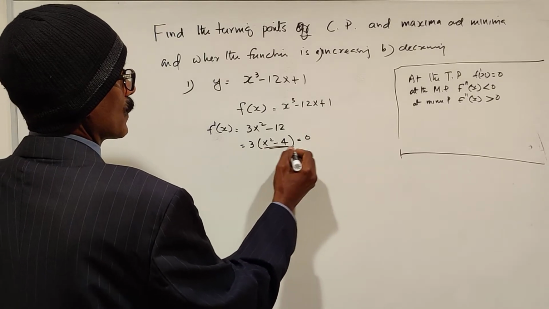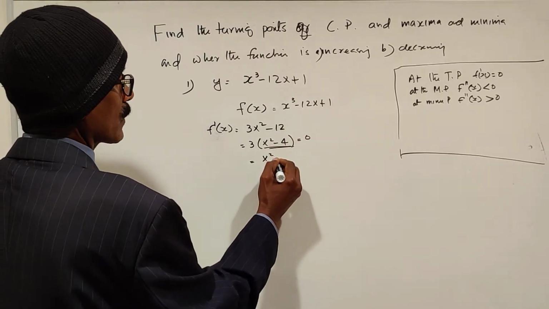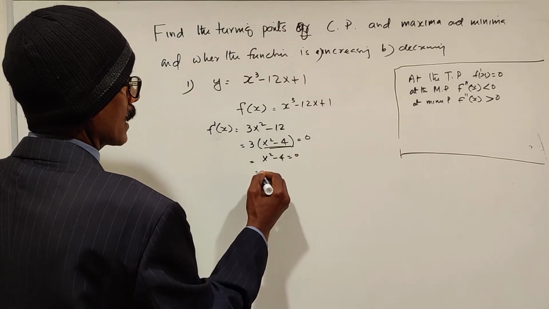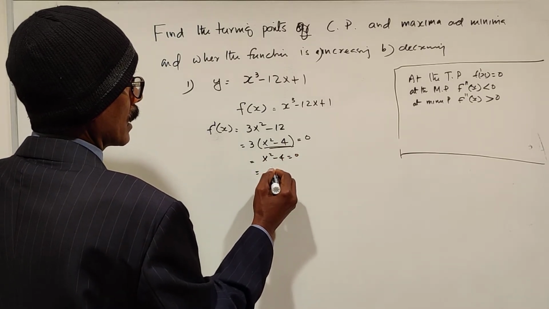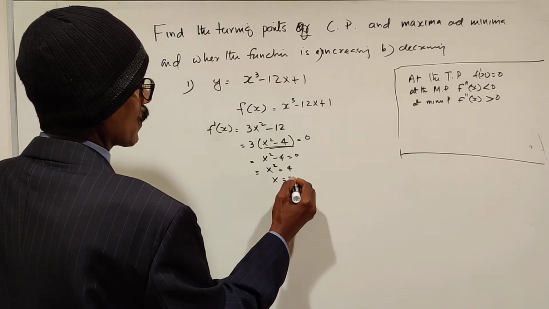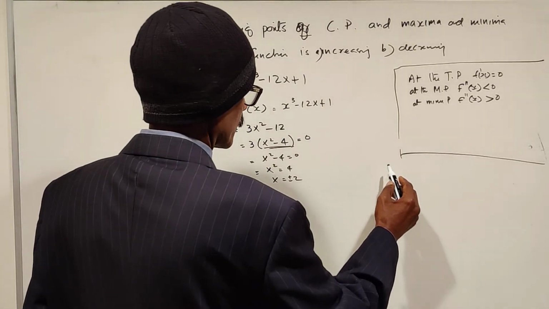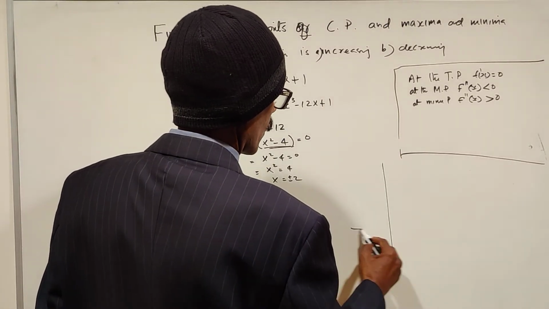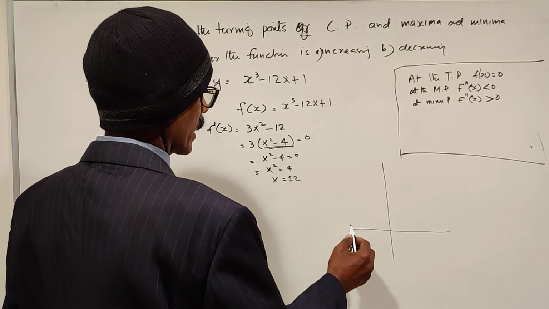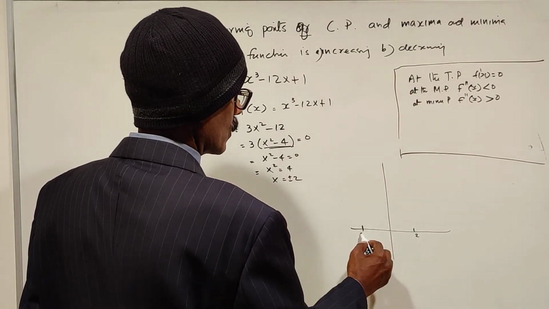Dividing throughout by 3, x square minus 4 equals 0. x square equals 4, x is equal to plus or minus 2. So you get 2 points: one is plus 2 and the other is negative 2.